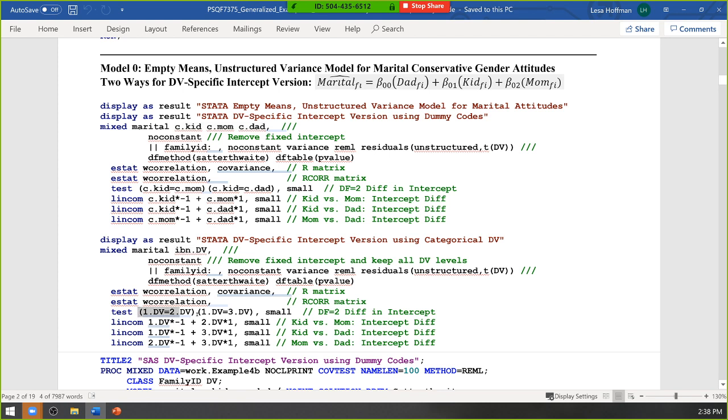So instead of referring to the dummy codes, I now refer to those internal variables. And so 1.dv is the same thing as kid, because kid was number 1. 2.dv is the same thing as mom, who was number 2. And 3 is dad.